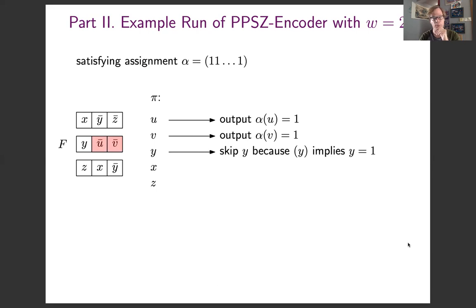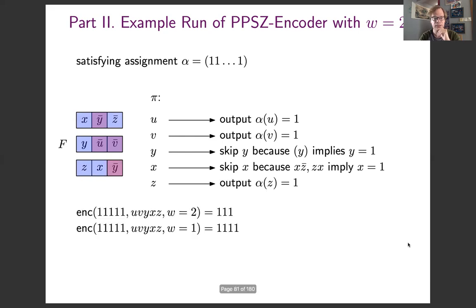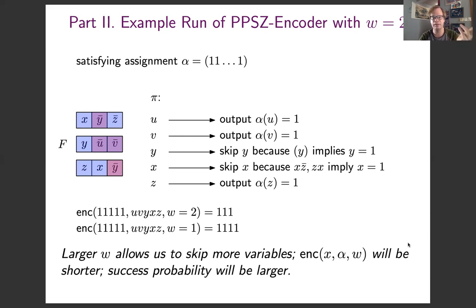We can save y. But now look, we can also save x in this case, because when we look at these two clauses, they together imply x equals 1. So we can skip it because w is 2. We look at pairs of clauses. So you see here, if you make w larger, you can skip more variables. The encoding will be shorter and the success probability will be larger.